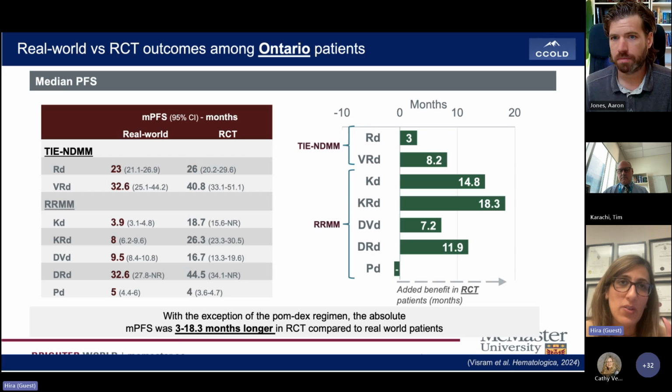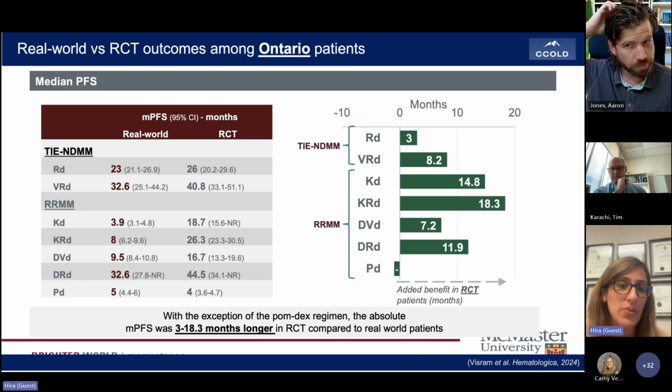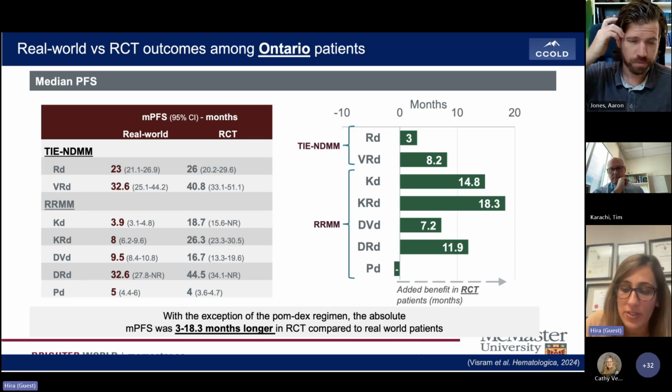And so we went and looked at each chemotherapy regimen, the start date, the end date, when the next line of treatment was. And we looked at a surrogate measure called progression-free survival, really showing that most of the regimens in the real world are not giving the same outcomes as the RCT data. So again, really important when we're counseling patients in our clinic, where we're often using RCT data to counsel them.